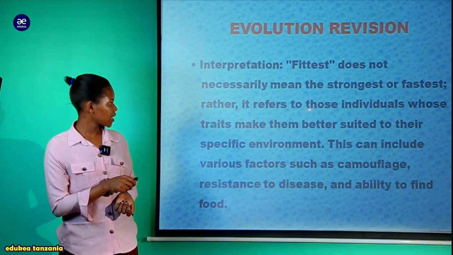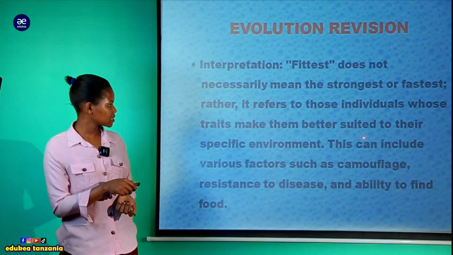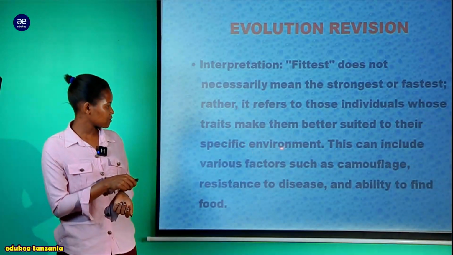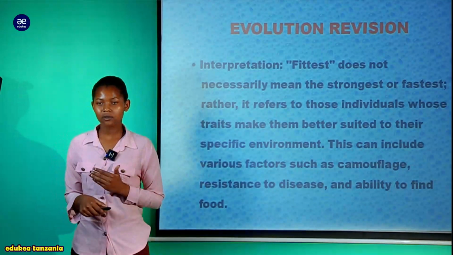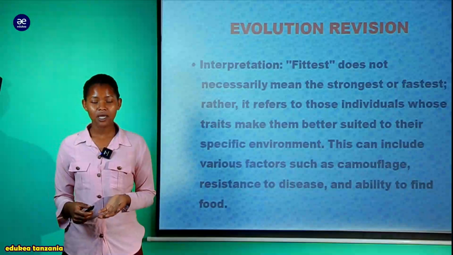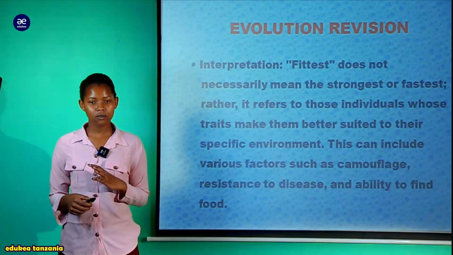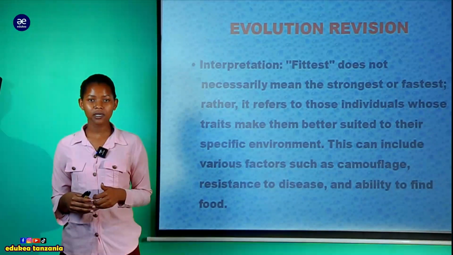And then on interpretation, we can see fittest does not necessarily mean the strongest or fastest. Rather, it refers to those individuals whose traits make them better suited to their specific environment. Hatumaanishi strongest au fastest. Tunachomaanisha ni those individuals ambao wanakuwa capable of adapting to changes in their environment.